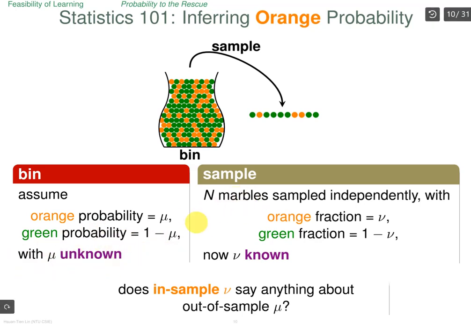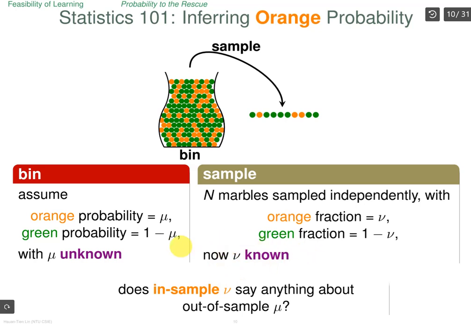We sample n marbles independently with orange fraction equal to nu, and the green fraction will be equal to 1 minus nu. Nu can be calculated from the sample of the data. So that means we know nu.